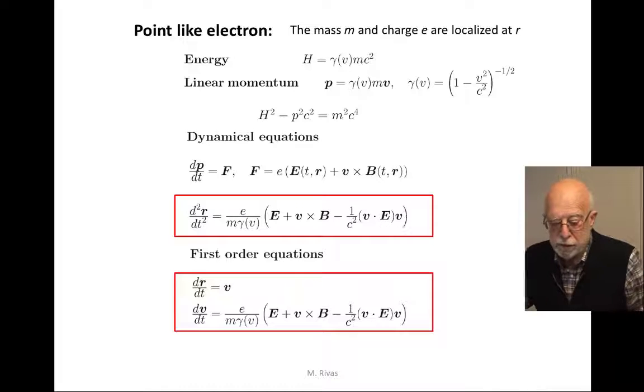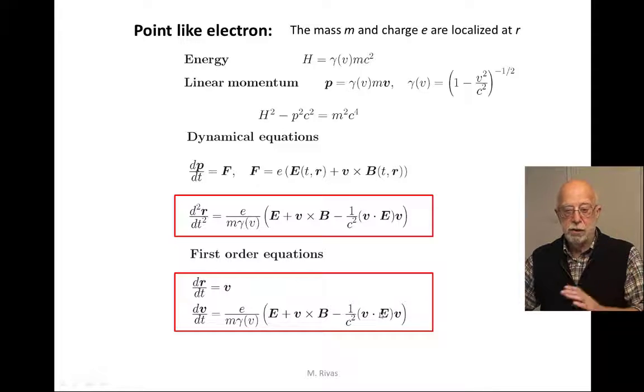Now we see some feature which is interesting. If in this expression the electric field vanishes because the particle is only moving in some external magnetic field, the only remaining term is this, which is orthogonal to the velocity of the charge.